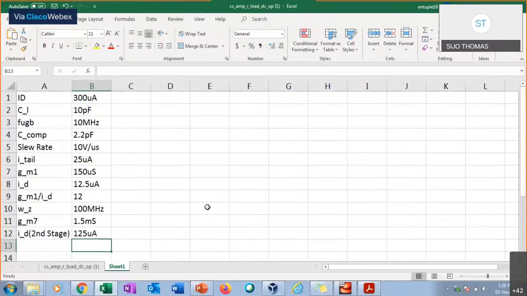So we can look into that MOS characterization and plot the GM by ID equal to 12, what is my current density value, and from that one we can find W of the MOSFETs for each stage. For the first stage and for the second stage, we got the GM by ID value remains the same, we got the ID value. So from that we can find the current density and correspondingly the W for transistors in each stage. So that is what we are going to find.